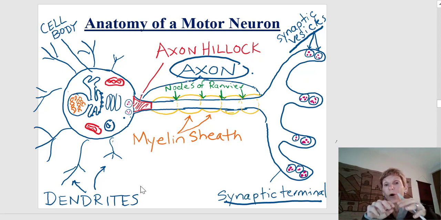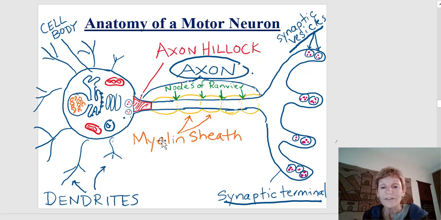So if you were to open up channels specific for sodium, sodium's going to rush in. And as that sodium rushes in here, it's going to diffuse towards this region right here. It's going to go down. And that's where we're going to start the signal.